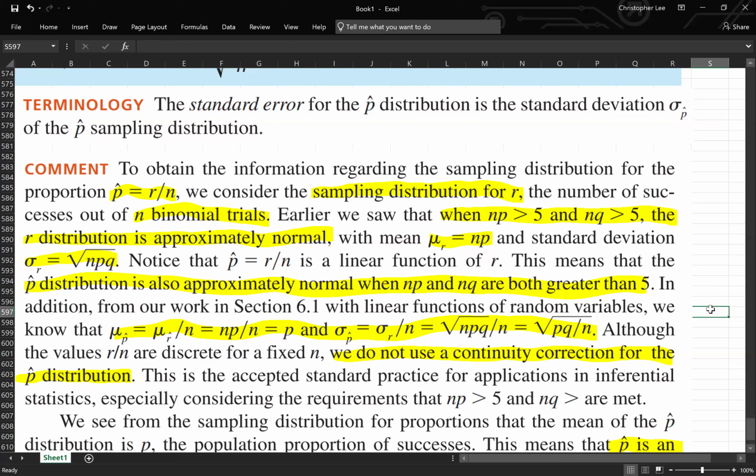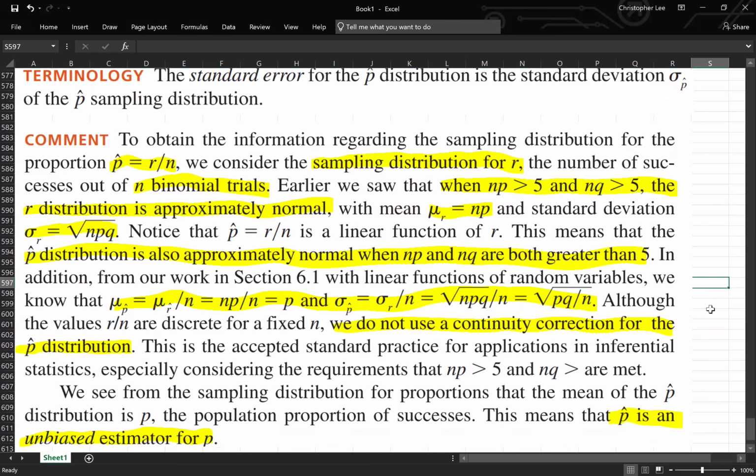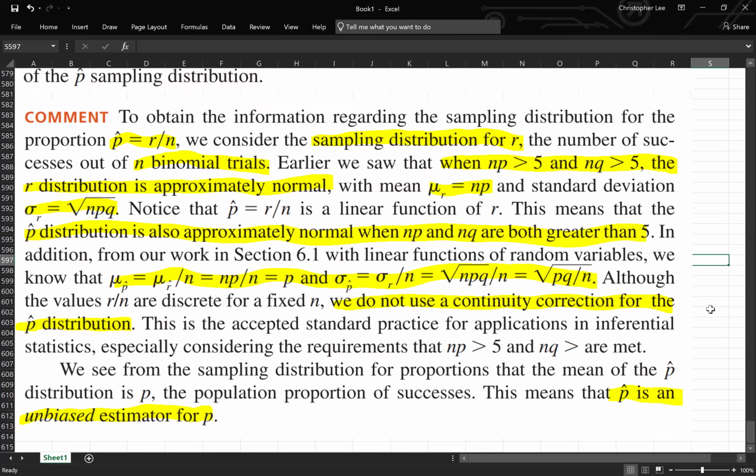Although the values r divided by n are discrete for fixed n, we do not use a continuity correction for the p hat distribution. This is the accepted standard practice for applications in inferential statistics, especially considering the requirements that n times p is greater than 5 and n times q is greater than 5 are met.